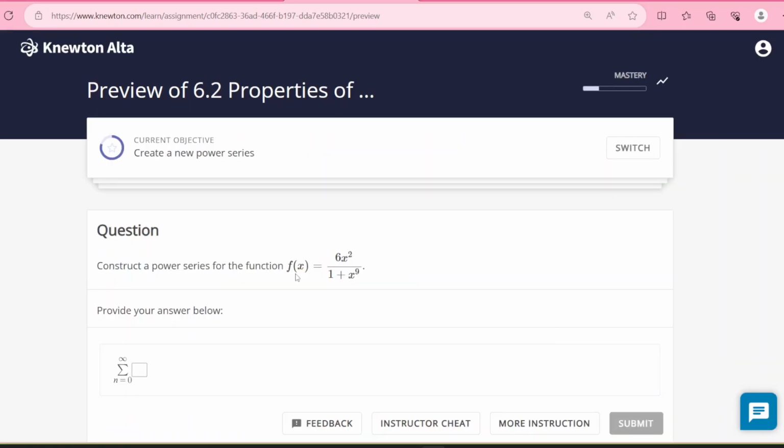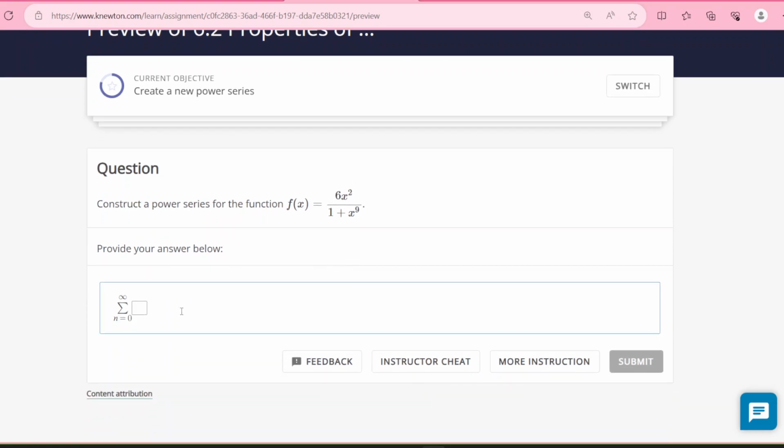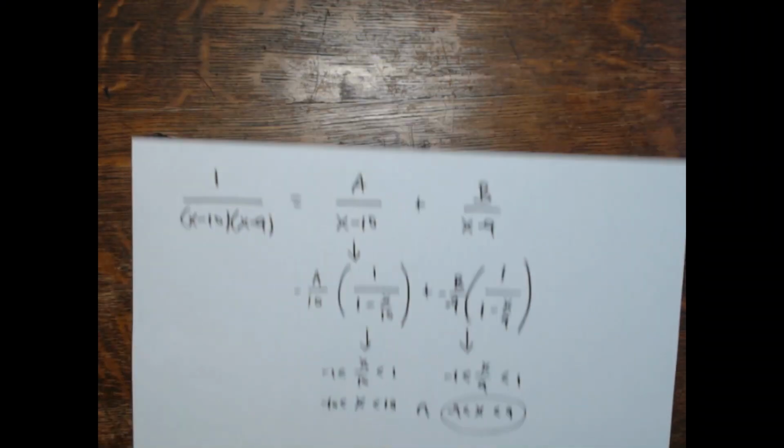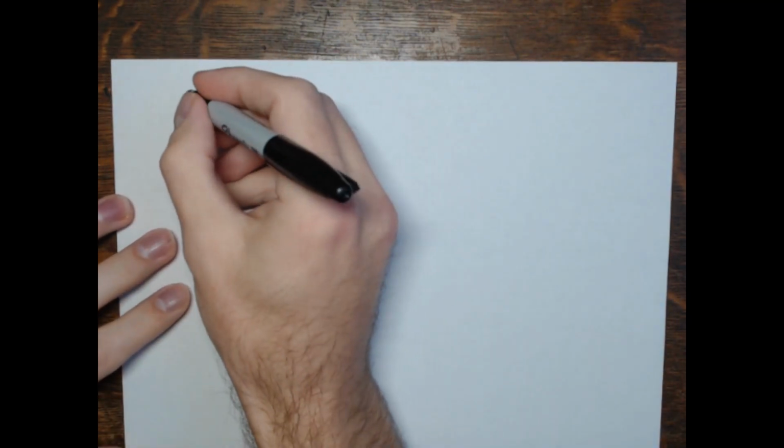All right, construct a power series for this function. They don't say anything about it being centered at 0, so I'm assuming it's going to be centered at 0. Right? That's usually the easier center for a power series. Right, but using the same concept we've been using throughout with that geometric series.